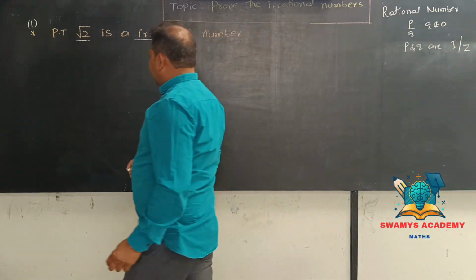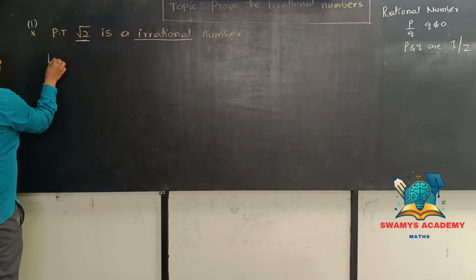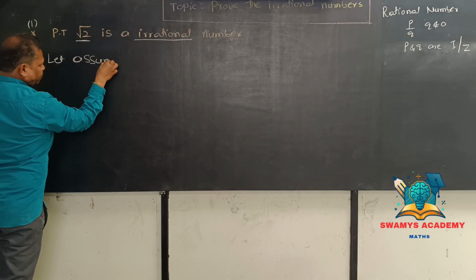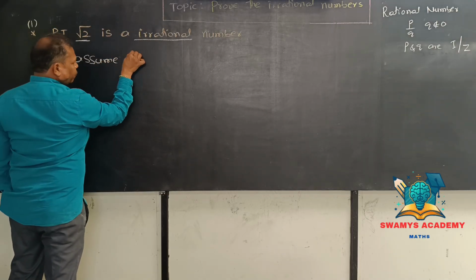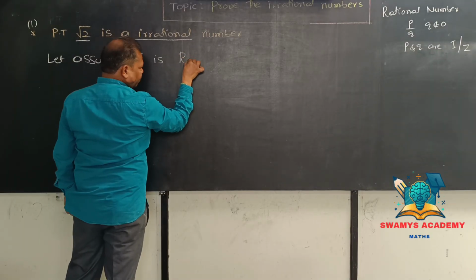Now here let's assume that square root of 2 is a rational number.